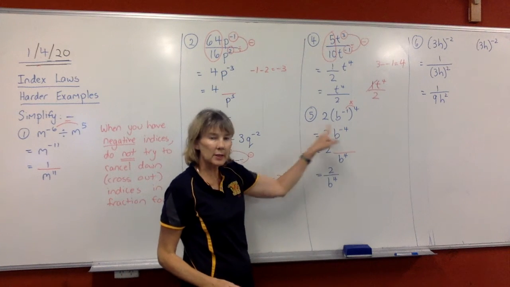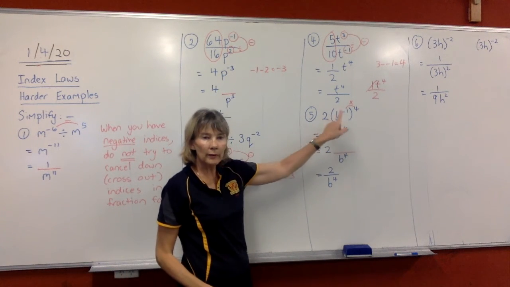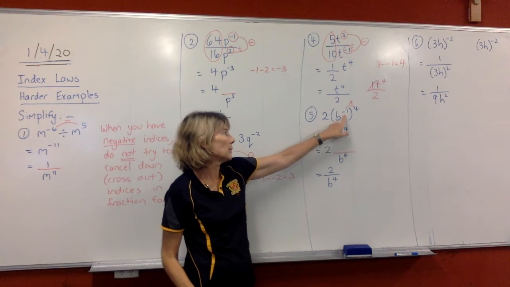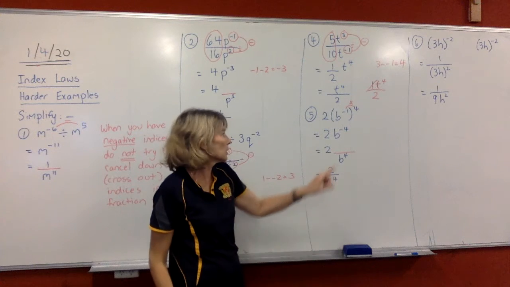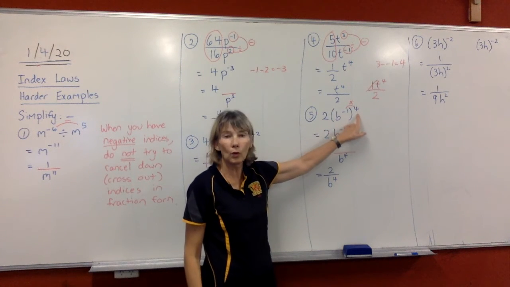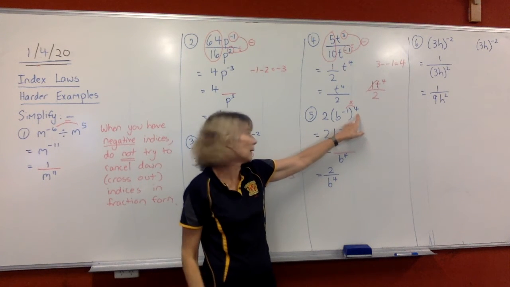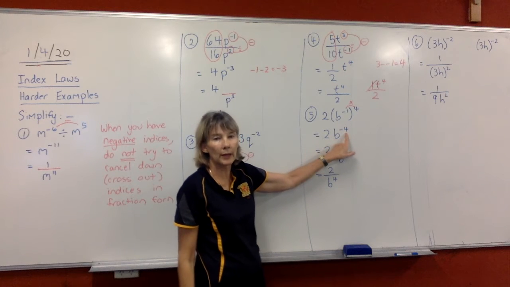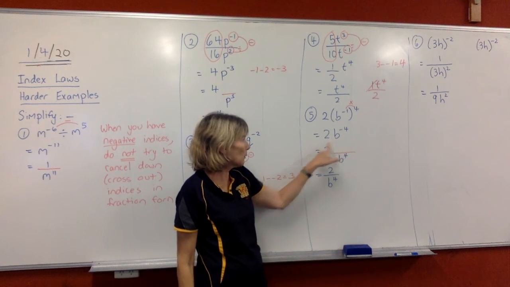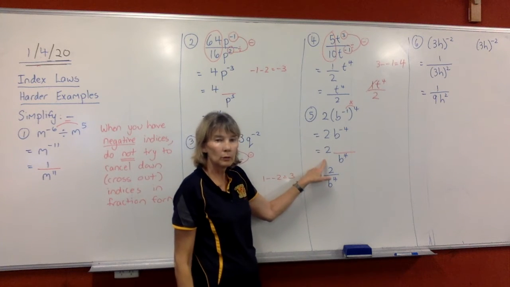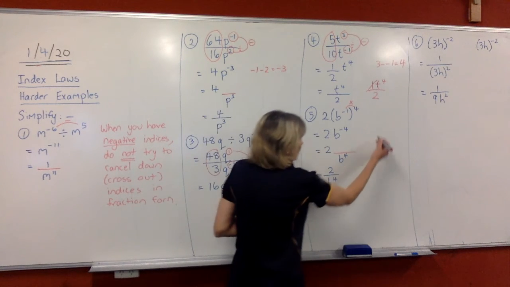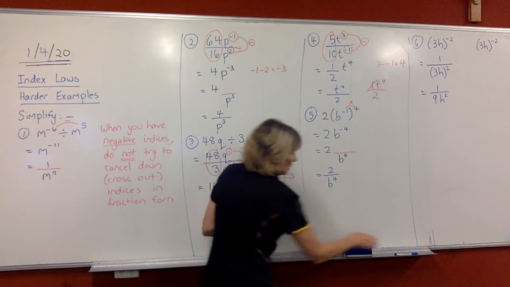Number 5, this is the question. One of our index rules tells us if you've got an index inside and outside a bracket, you multiply them. So we're going to do minus 1 times 4. You can use your calculator for that part, and you'll get a minus 4 there. So now we're looking at this question. Leave your 2. We're going to do what we normally do with our b to the minus 4.